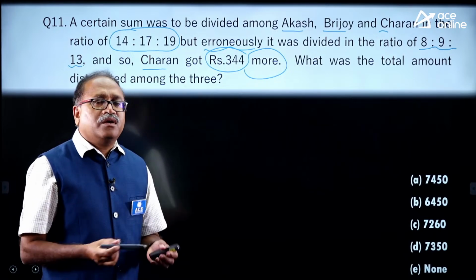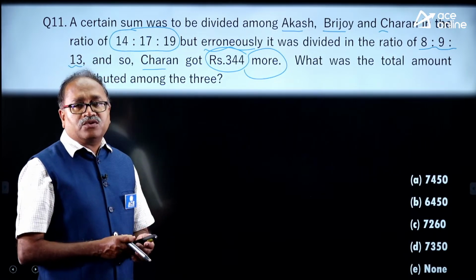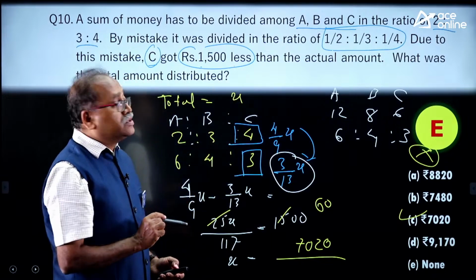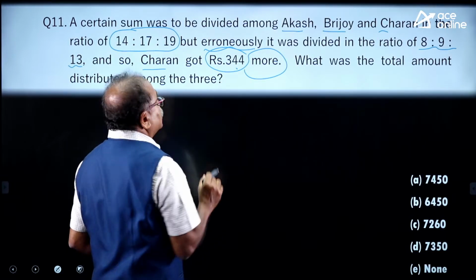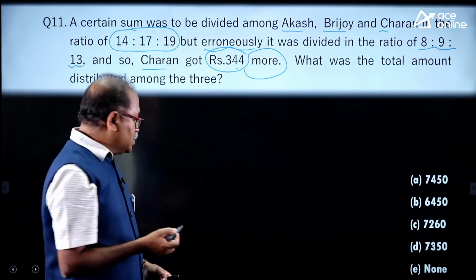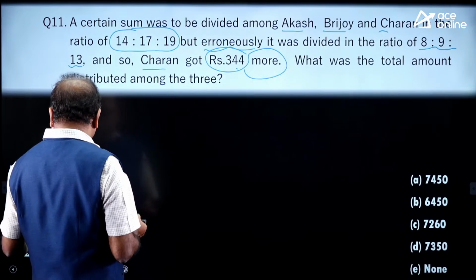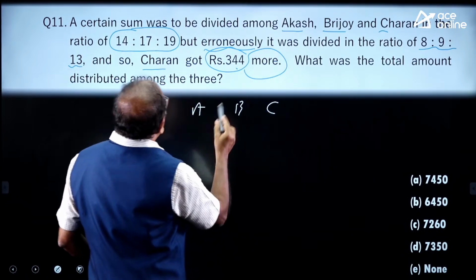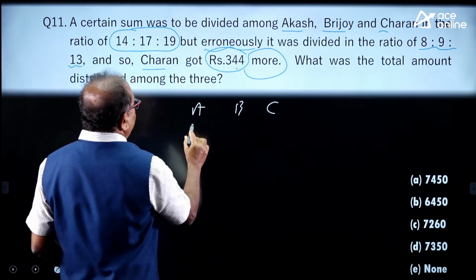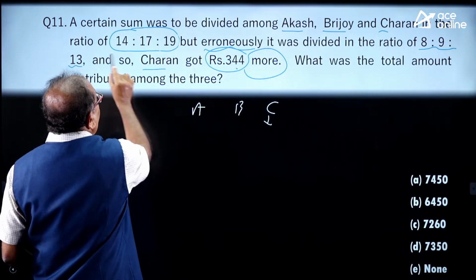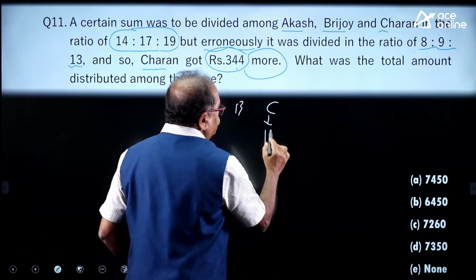Well, absolutely similar to the previous question. In the previous question, C was getting less, and in this question, C is getting more. That means the second distribution is more than the first one. So I will follow the same pattern to answer the question. This is A, B and C here, and C is supposed to get 19 parts out of the total.